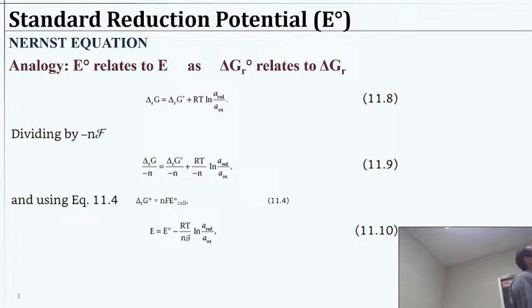You'll often hear people talk about oxidation potential or redox potential. Almost all of that is just shorthand or a related way of talking about it. But the convention is to say reduction potential.